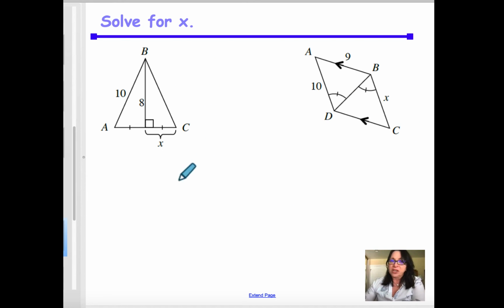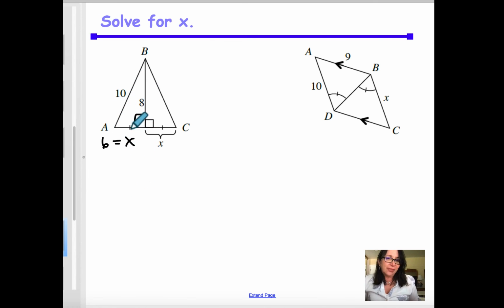For these problems here, we're going to solve for x. So what we have here is, I know both of these segments are equal, and I am going to find this value here, because if these are equal, that is x too. And if this is a right angle, I know that this is 6, right? Meaning this is a 6, 8, 10.